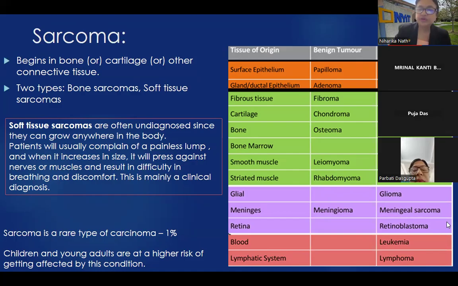So let's go to the next one, which is a sarcoma. Sarcoma can be in the bone.